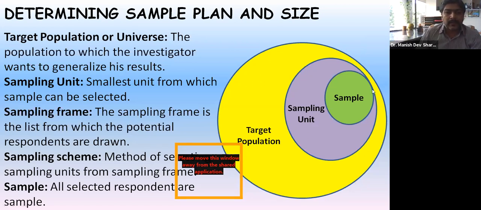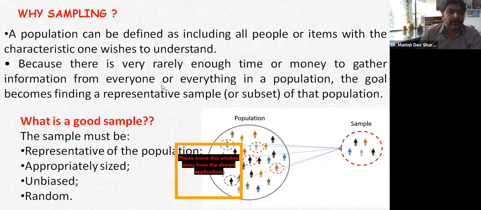The target population is the area of research in which you are working. So all these are basically working in their own domain, separated from the researcher itself, up to a certain limit. Similarly, it is more interesting to know why we go for sampling.